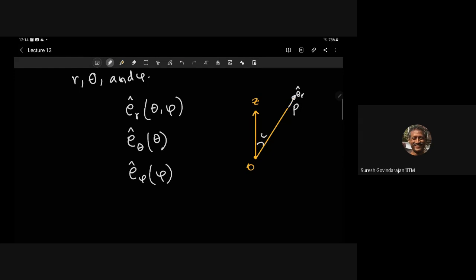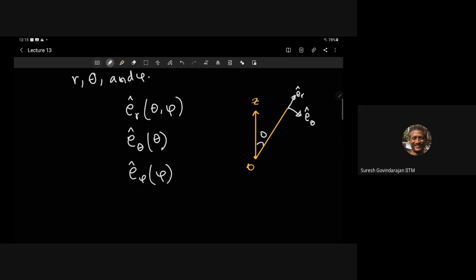Okay, so this is theta, so increasing theta will go like this. So this is E theta cap.